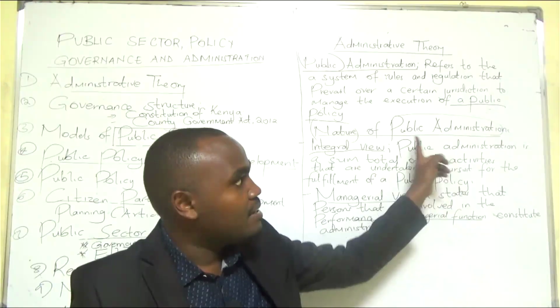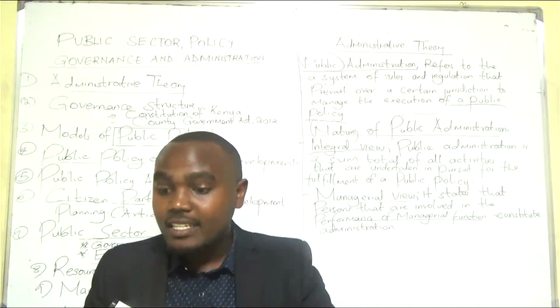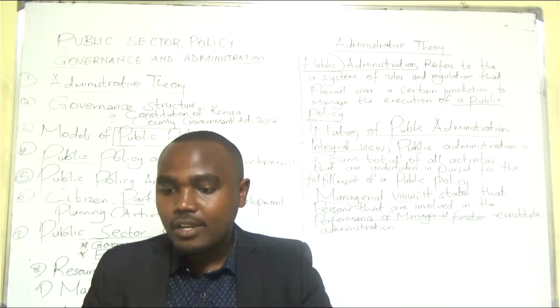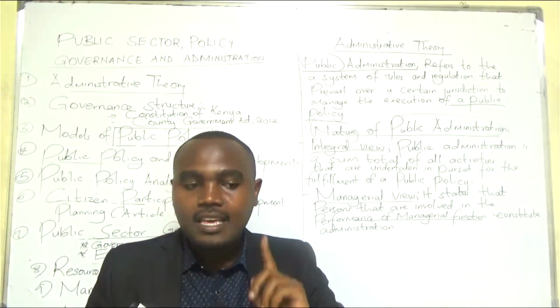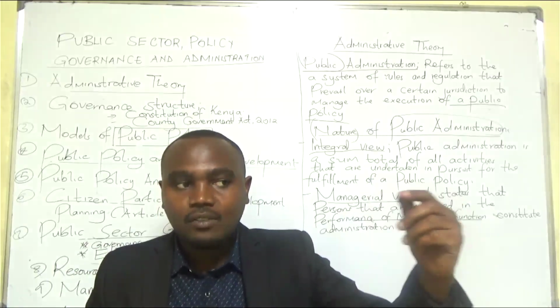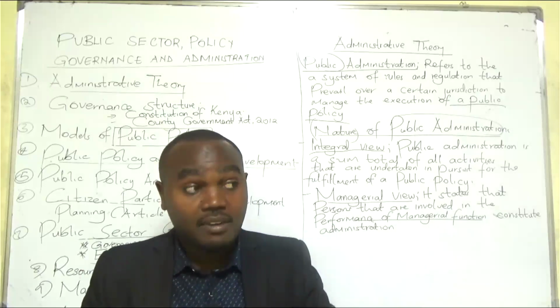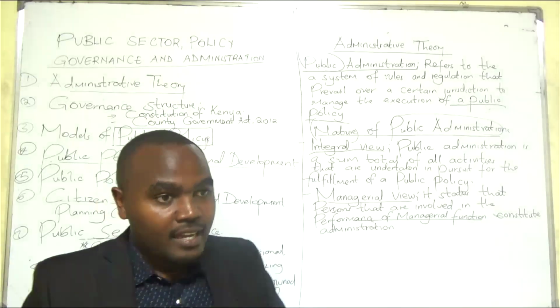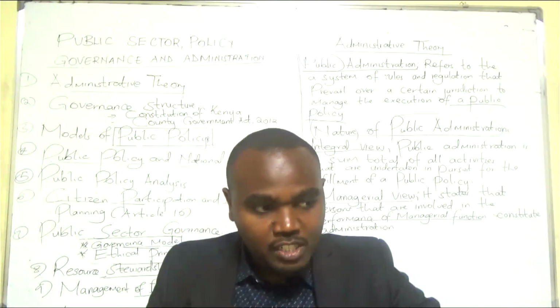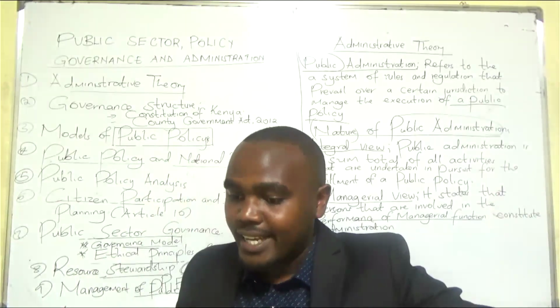So public administration entails, through the managerial function, planning. Two, there is organizing. So what is planning? Determining ahead of time in the present what will happen in the future. In the budget 2024-2025, we will be doing this and this and this to solve the issues affecting the citizens.